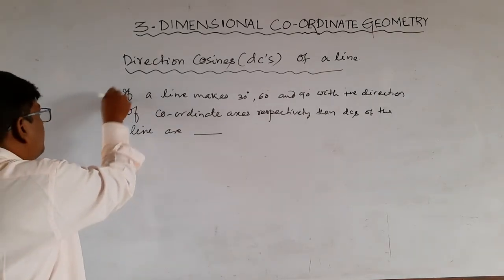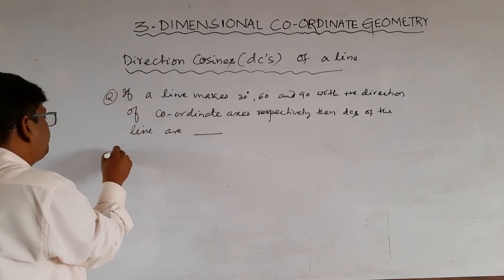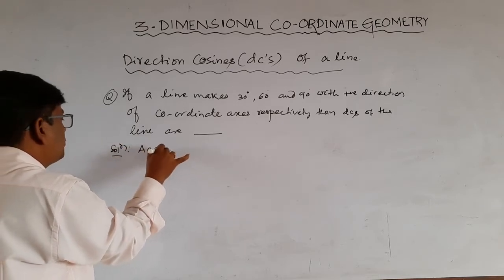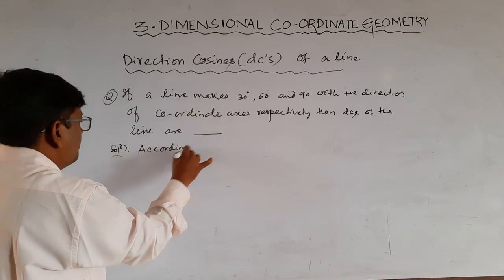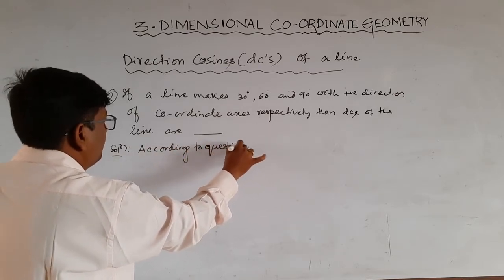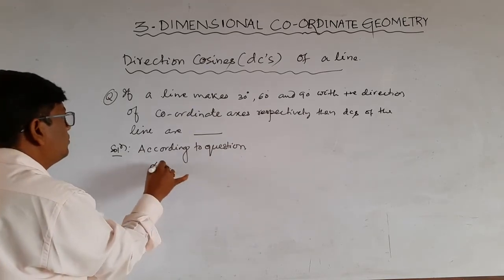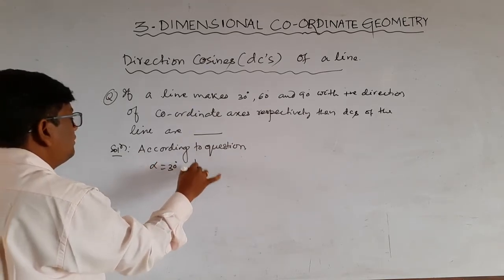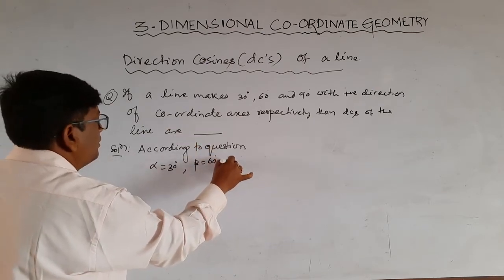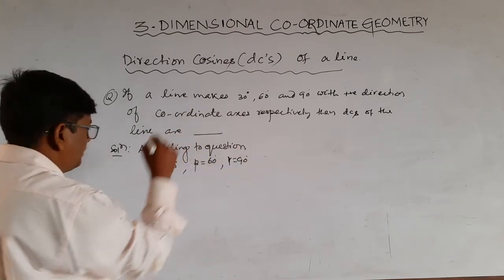Okay, according to question, solution is: alpha is equal to 30 degree, beta is equal to 60 degree, gamma is equal to 90 degree.